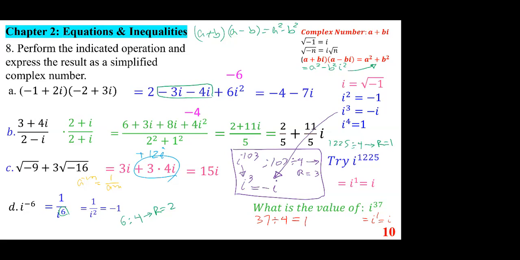So I hope everybody is okay with that. Very straightforward, I hope. So the fastest way to get to the answer, divide by 4. Keep the remainder. That's all. That's how you do the math. Is this the only way? No. This is the fastest way.